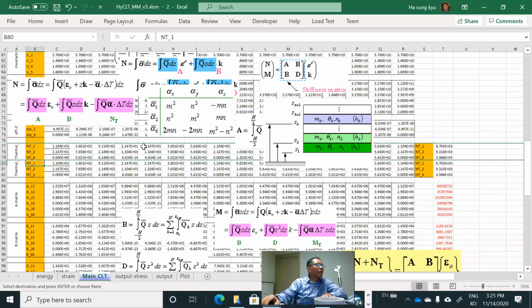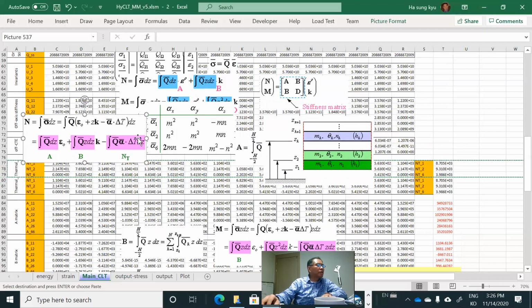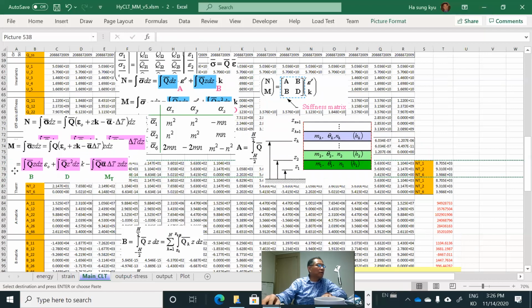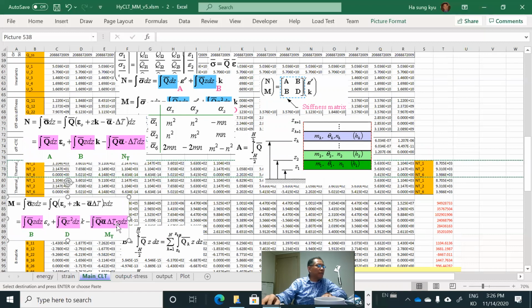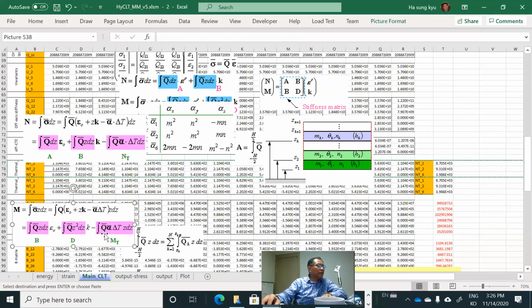Now very similarly we can have this one was that one. Now we have another term, this MT. So I'm just going to change N thermal to M thermal, and let's merge them.